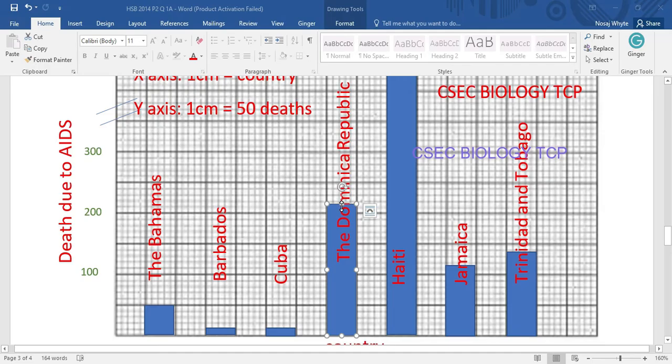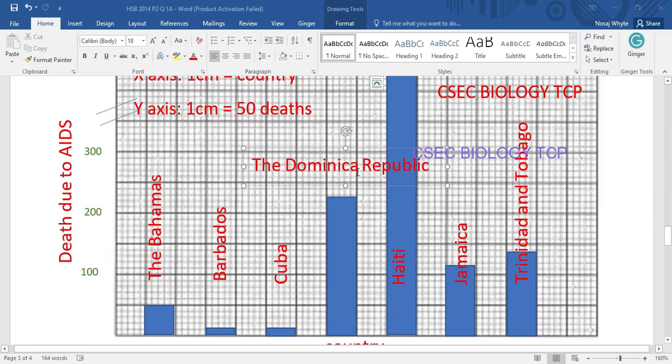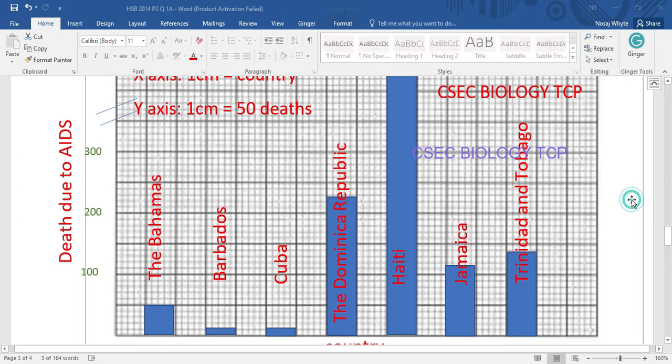So 30, of course, is going to be just a little tad more. So that would have been 230 for the Dominican Republic. Alright, so that there is all sorted out. Great. So all we did was just to extend this bar here. So this is 200, 210, 220, 230.